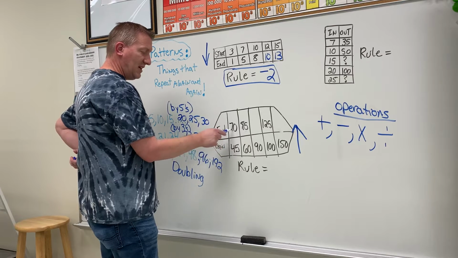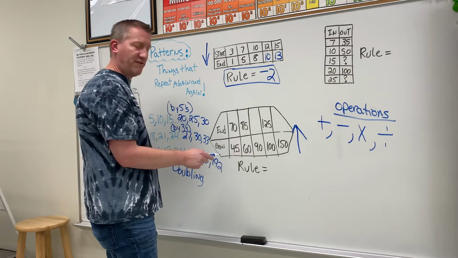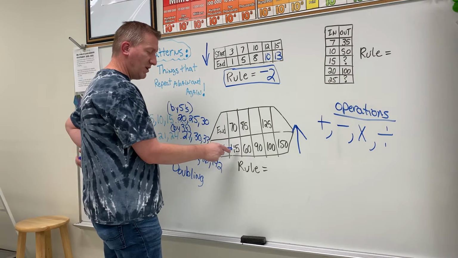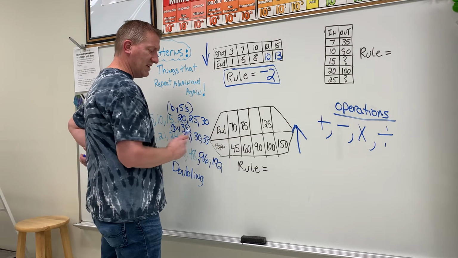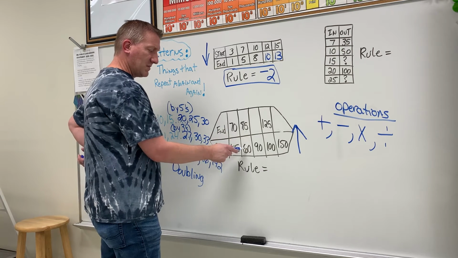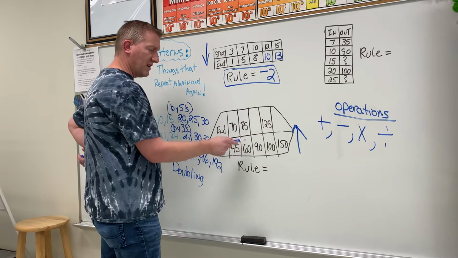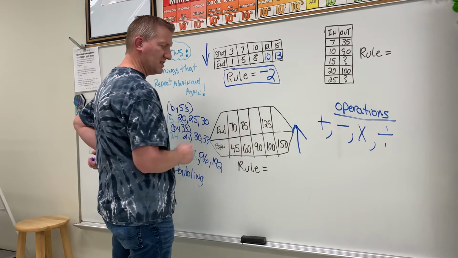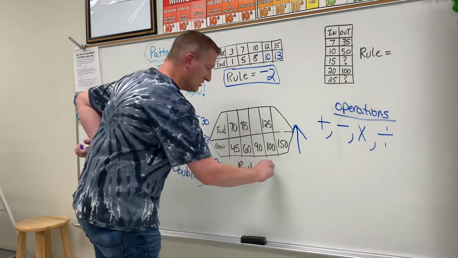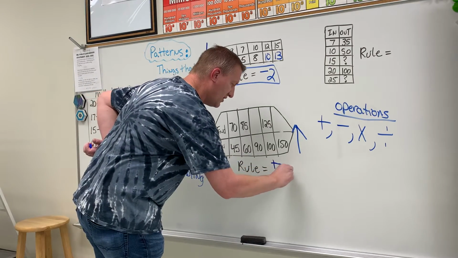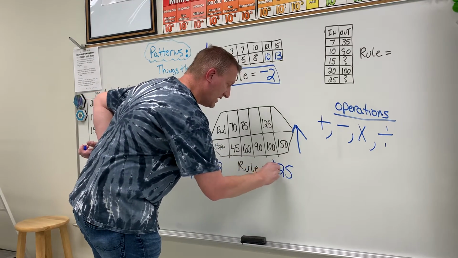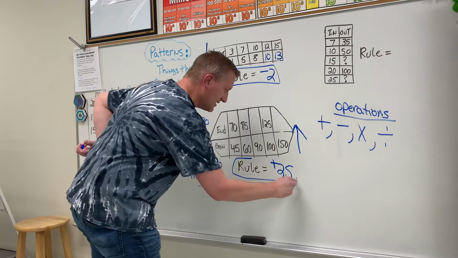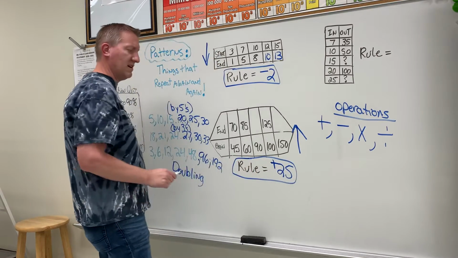So it has to be either multiplication or addition. So if I look here, I'm going to try addition first. So 45 plus 25 equals 70. 60 plus 25 equals 85. And 100 plus 25 equals 125. So we think our rule is plus 25.